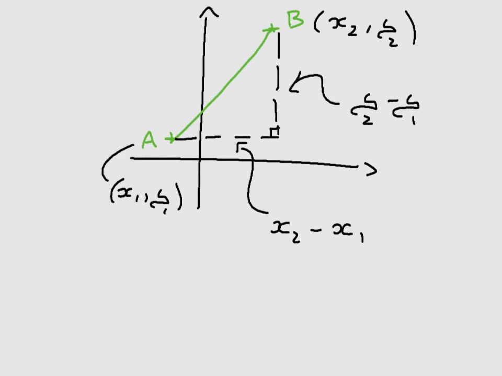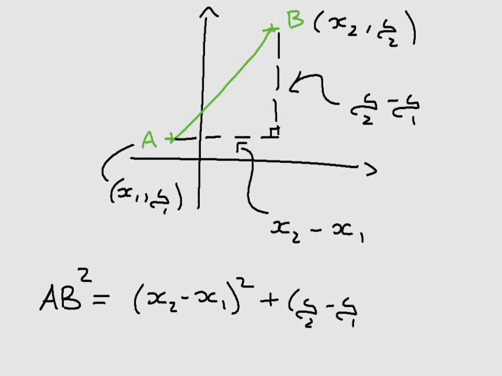And so, using what we saw before with Pythagoras' theorem, we can now rewrite our formula in the following way. If I write the length of the line segment AB squared, that would be equal to the horizontal step, so x2 minus x1 squared, plus the vertical step, so y2 minus y1 squared.